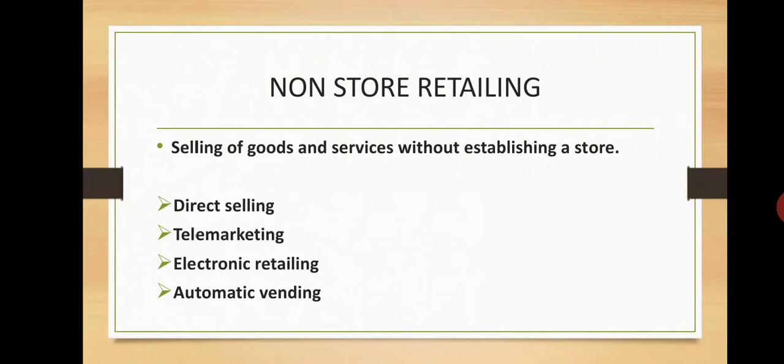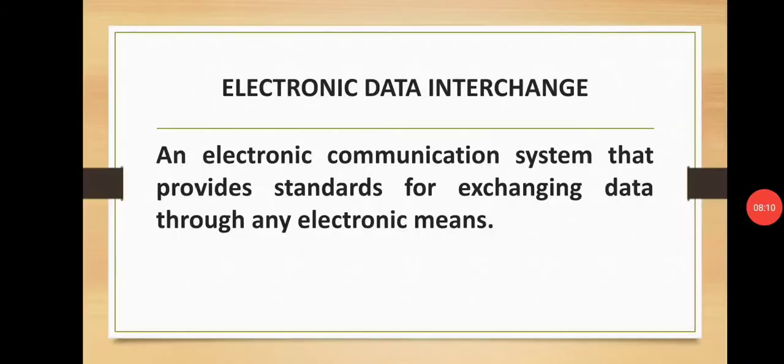An automatic vending machine usually vends coffee, tea, biscuits, cool drinks, juice, chocolates and many more. It is much used when it relates to food products, especially snacks. So these are the types of non-store retailing, which are direct selling, telemarketing, electronic retailing and automatic vending.